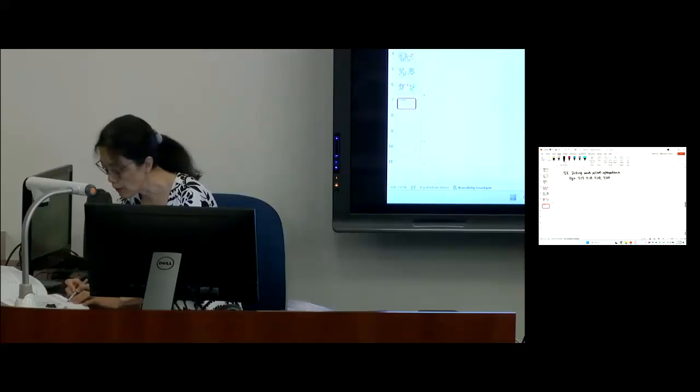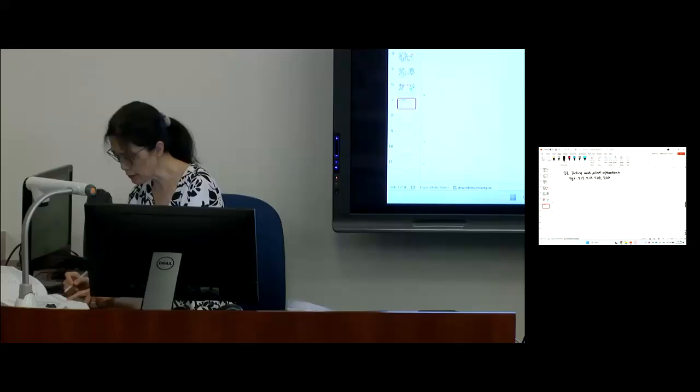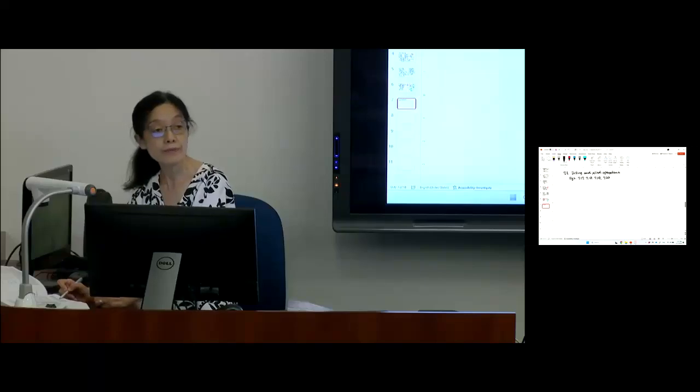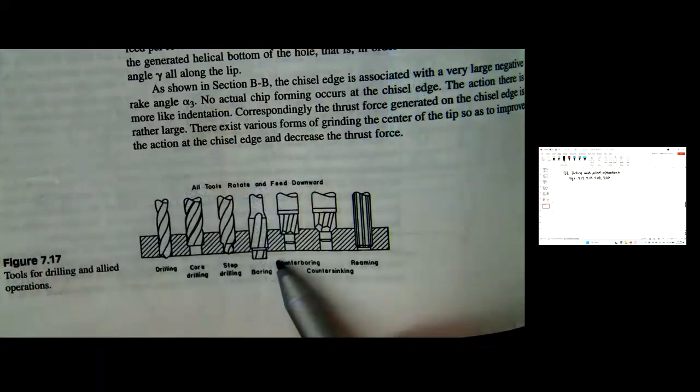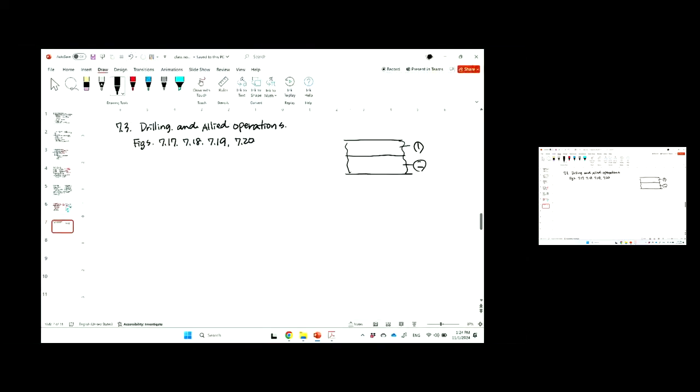So this is a regular one, right? Regular means a twist drill, just standard. And then probably you will do a counter bore if you have piece 1 and 2 that you want to combine, right? Drawing-wise, this is a section view.